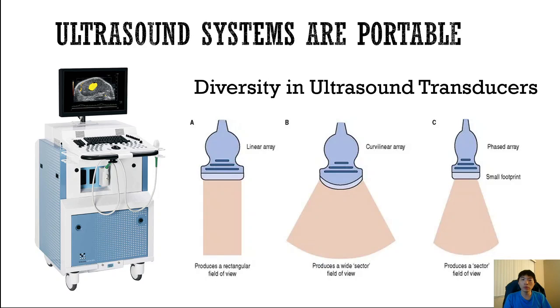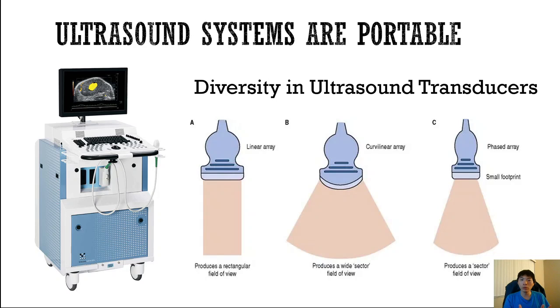And then the third one on the right is the phased array. This is a newer technology where, instead of the curved geometry of the curvilinear array giving you the wider field of view, the phased array looks more like a linear array.